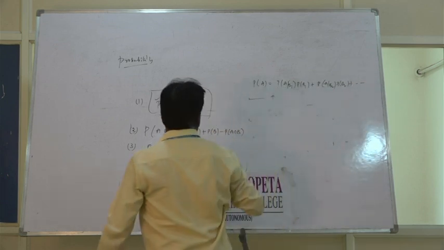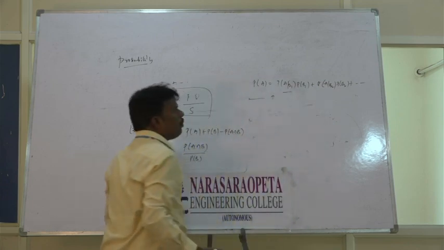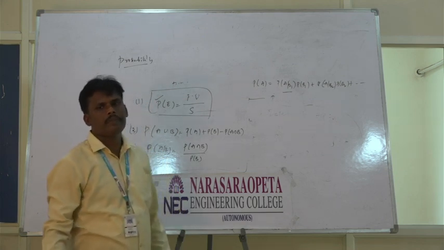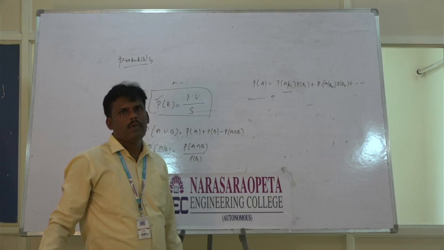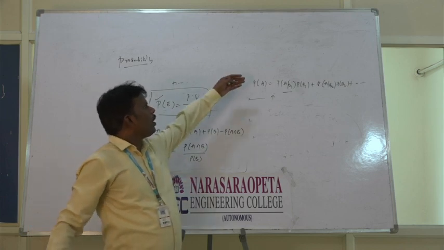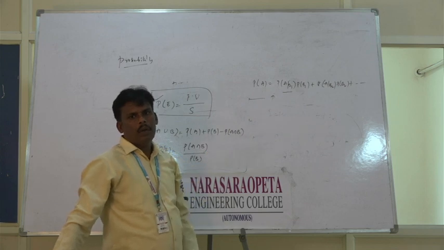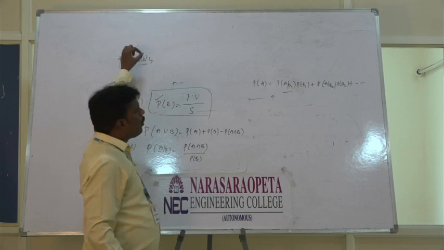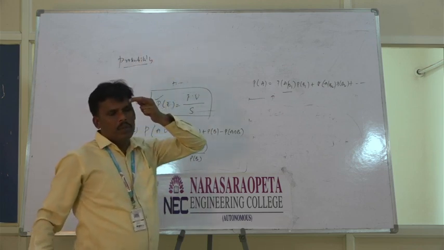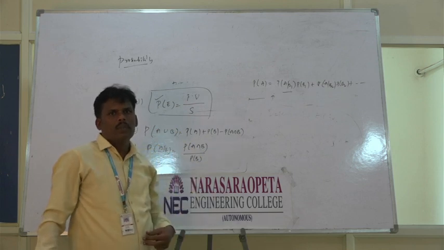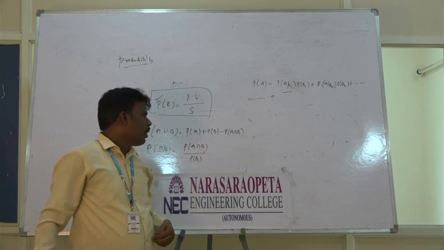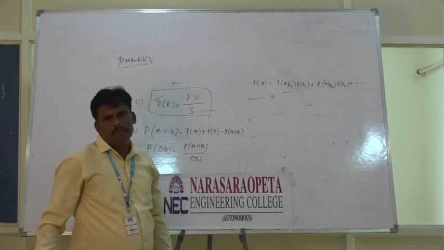Suppose you want to get a value from a group of elements, then we can go to the total probability. Stochastic process means random process. So you now know some basic fundamentals regarding probability concepts.